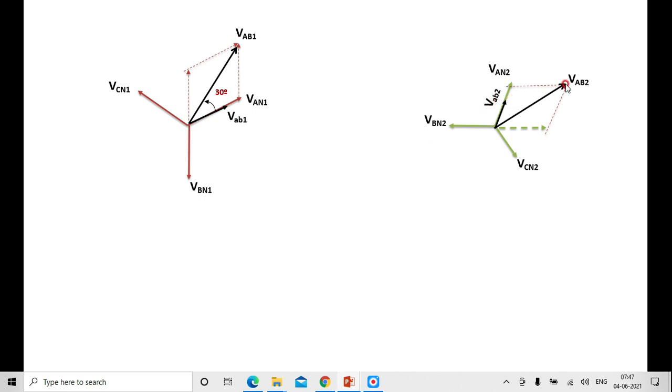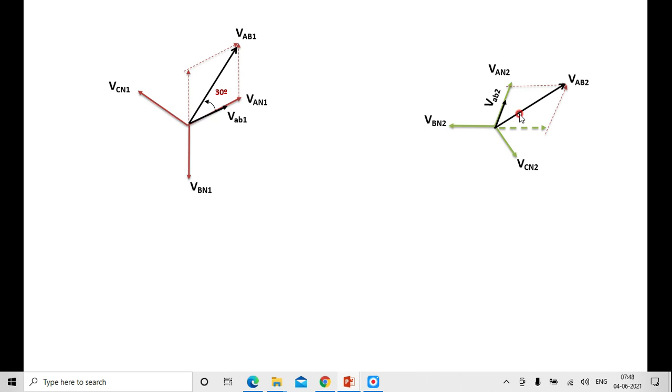Therefore, if you observe the line to line voltage of the star side and the delta side, the star side line to line voltage of the negative sequence component lags the delta connected line to line voltage by an angle of 30 degrees.